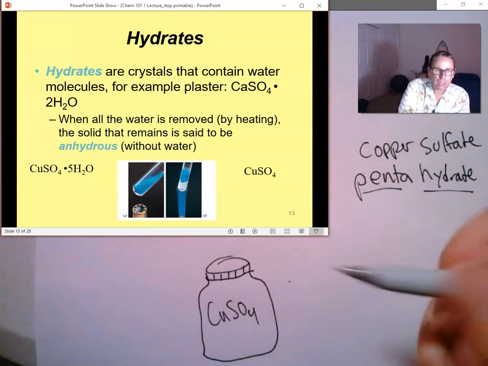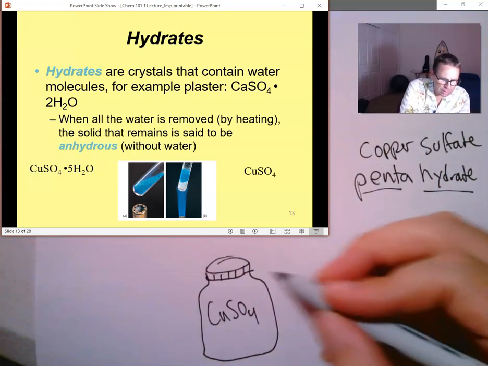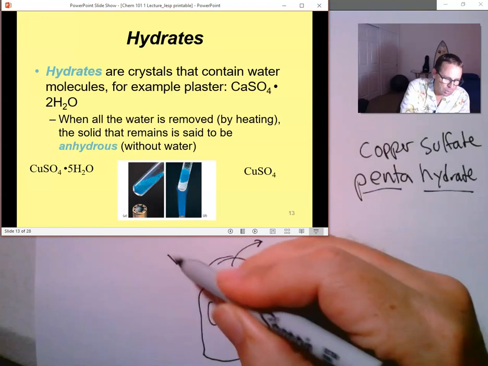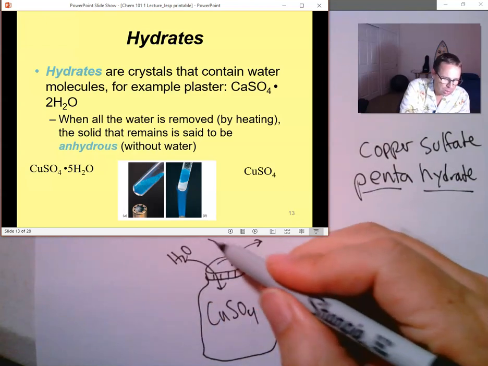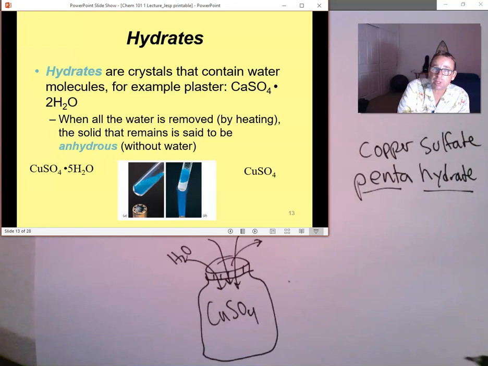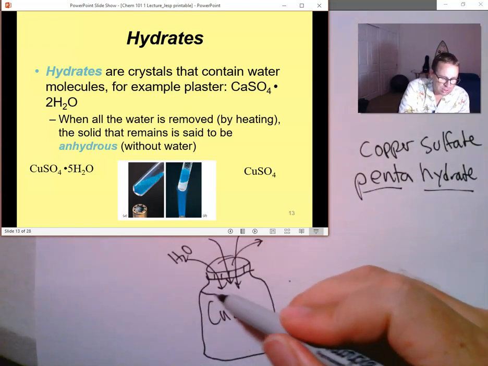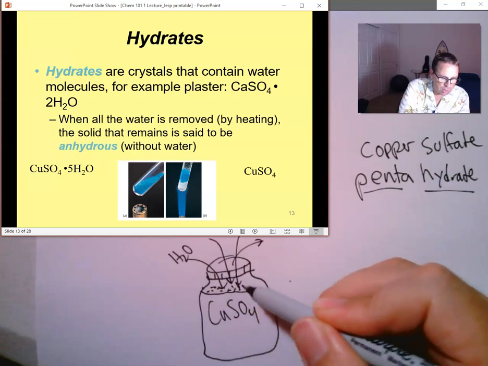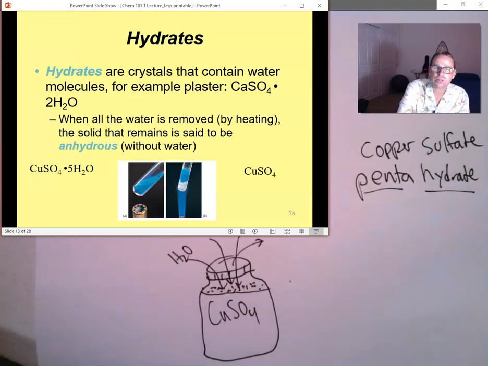There's the lid. Whenever I remove the lid and take it off, water molecules, H2O, will come in from the air and just stick to the ionic copper sulfate on the surface.